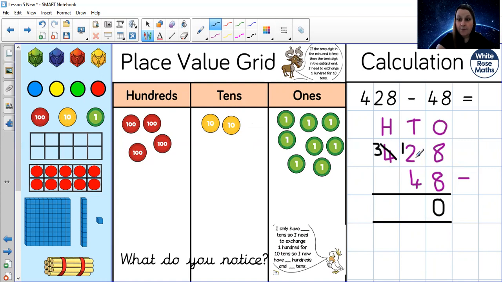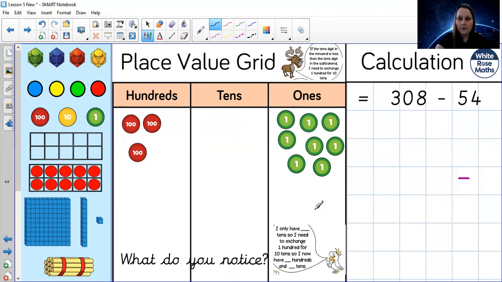So use the number fact 12 subtract 4. What are you going to be left with? 8. So 8 tens. And now I'm going to subtract my hundreds. 300 subtract 0 hundreds. I'm going to be left with 300. So my answer, the difference, is 380.